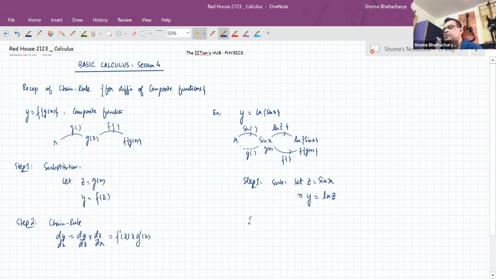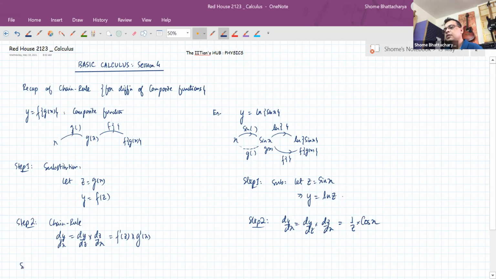So in this case, when we apply the second step, you would see that differentiation of y with respect to z will become 1 by z, and differentiation of z with respect to x will become cos x.